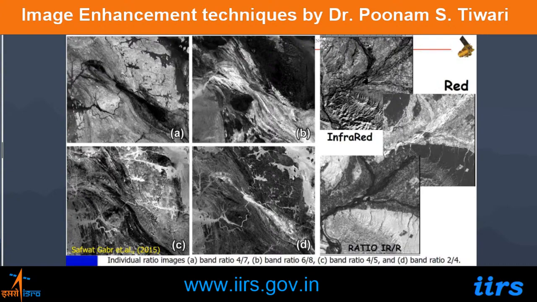So these are some of the commonly used vegetation indices, but it will depend on which particular feature you want to highlight. If you want to highlight water, there are certain ratios for water. If you want to highlight buildings, different ratios are available for buildings and urban areas also.